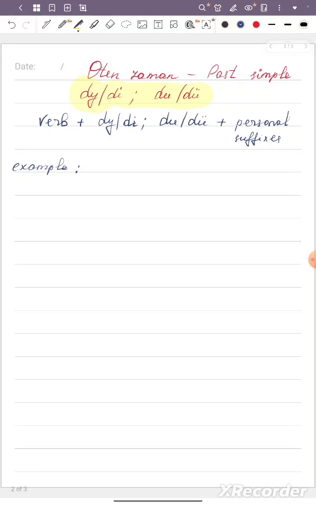To study or to read in Turkmen language is okumak. The suffix mak means infinitive. Students, we cannot add the past simple suffixes di, do after the infinitive mak.